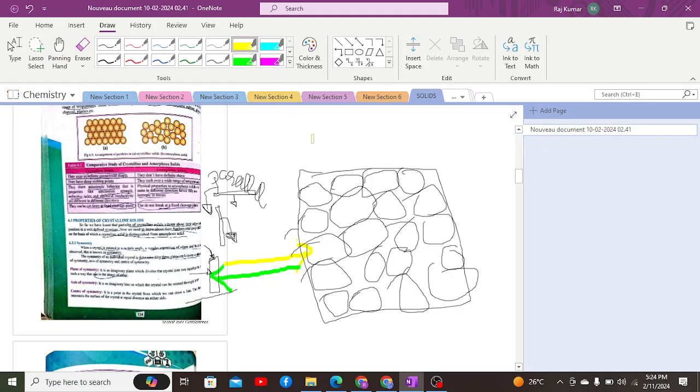But when the light ray is passed from upside, if it is coming from the upper direction, there is an intermolecular gap between the atoms.